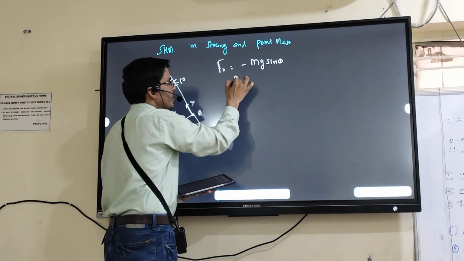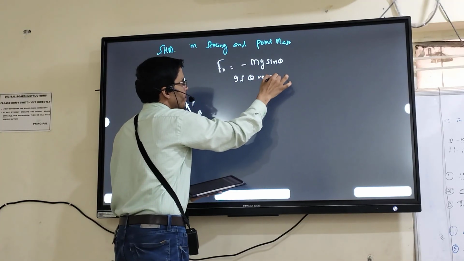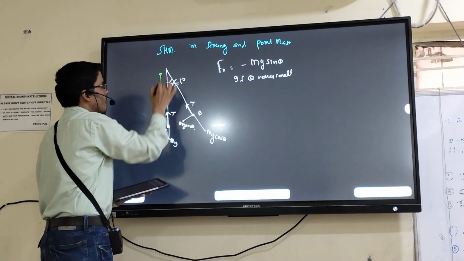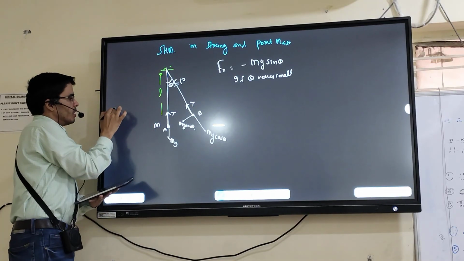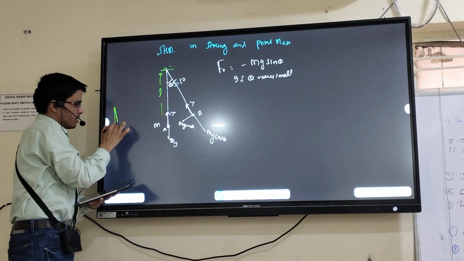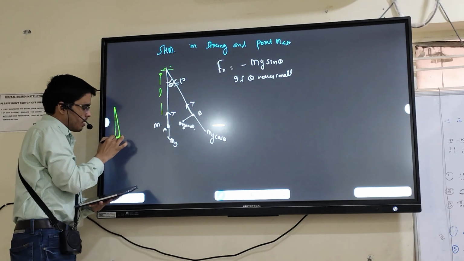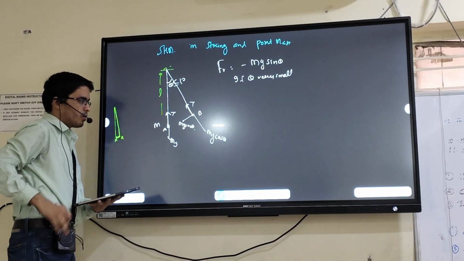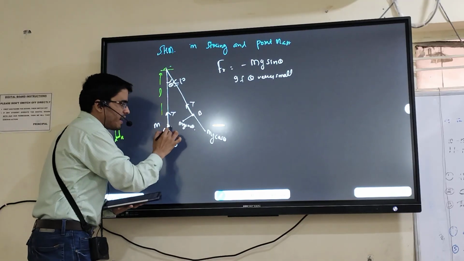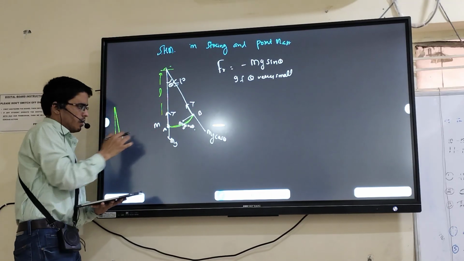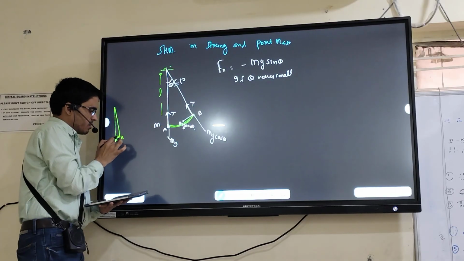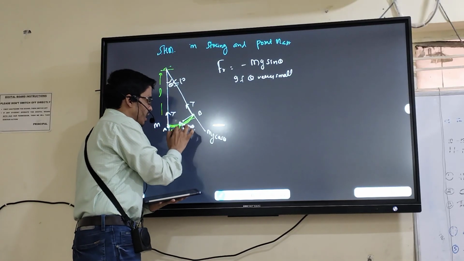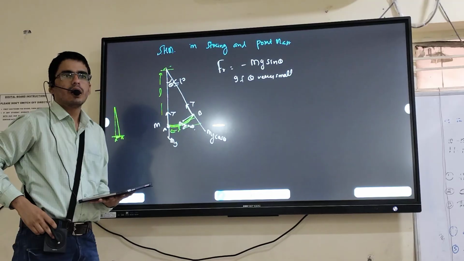Now see, if theta is very small, that length is L at first. And now see that small curve from A to B. A very small curve you can treat as a straight line, so assume that straight line length is L. Very good.